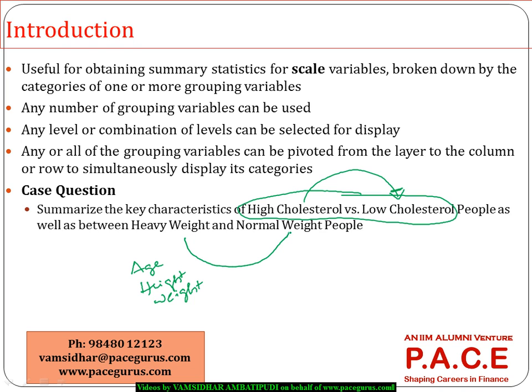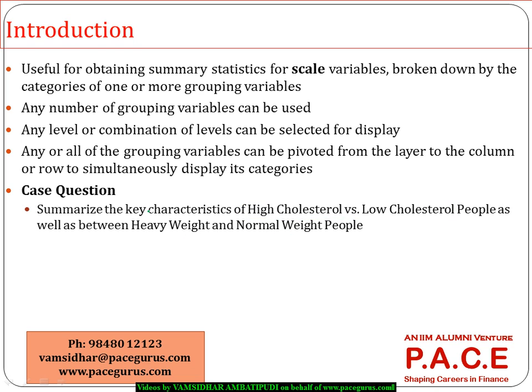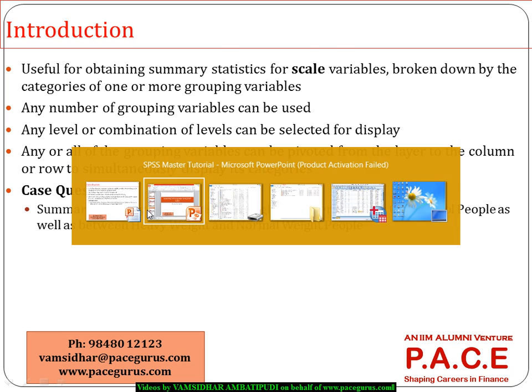Similarly, between heavyweight and normal weight people, are there different characteristics? We'll use the OLAP procedure, and once we execute it on our data, we can see the report that gets generated and analyze based on that. All right, let's get into the data.